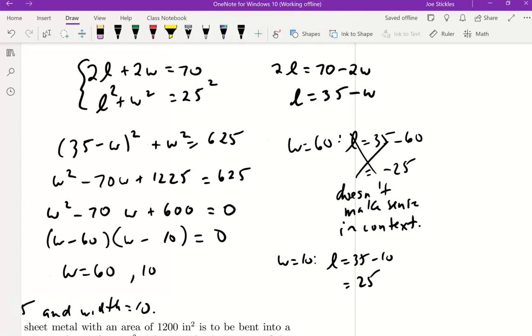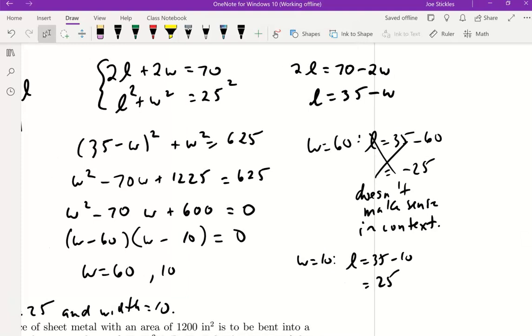Subtract the 625 over, definitely get 600. 60 times 10 is 600, and 60 and 10 work. 25 squared is 625. 70 divided by 2 is 35. There's nothing wrong there. Okay, there is something not right. Something is not right somewhere.